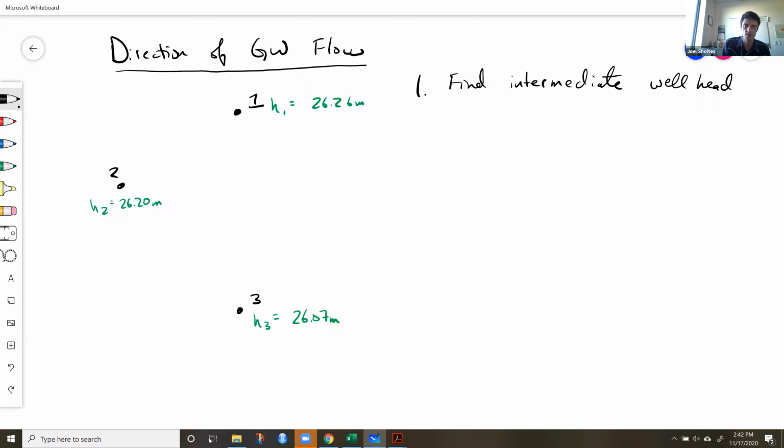So we have 26.26, 26.20, 26.07. So this is our intermediate well over here. And then we need to find the location along the line connecting the opposite 2 wells. So I'm going to try to draw a straight line here. Oh, not too bad.